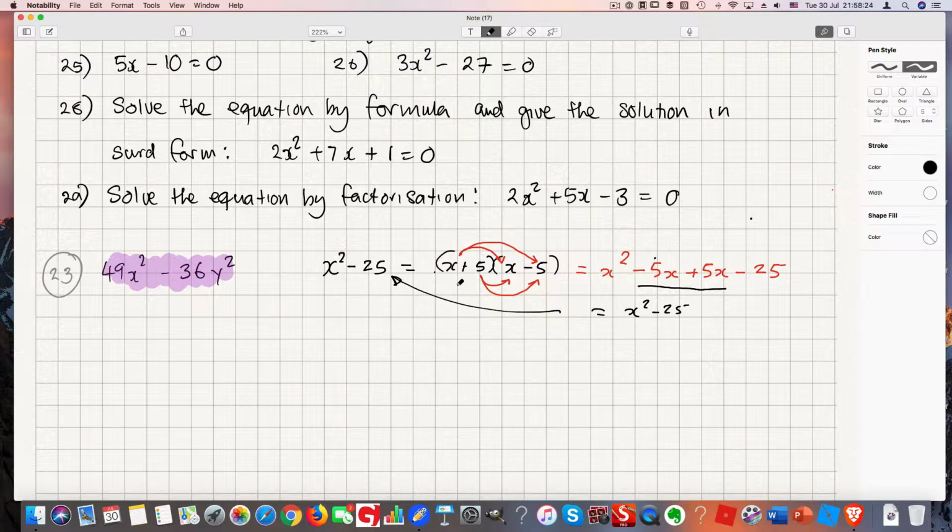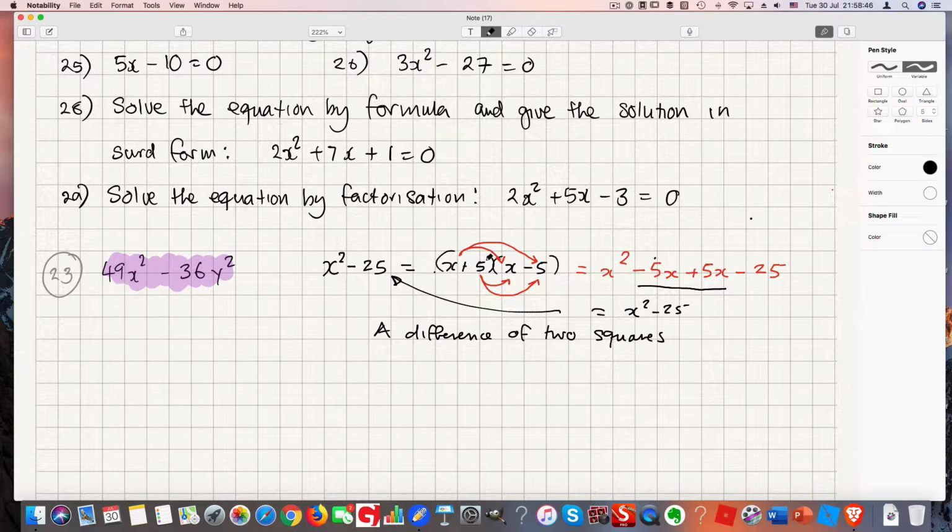So this is called a difference of two squares. And when I look at this question, 49x squared minus 36y squared, I can also see a difference of two squares.